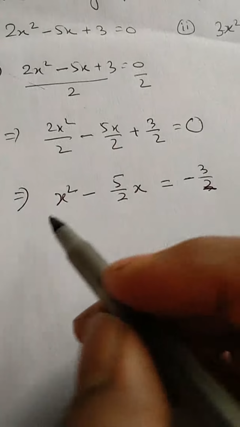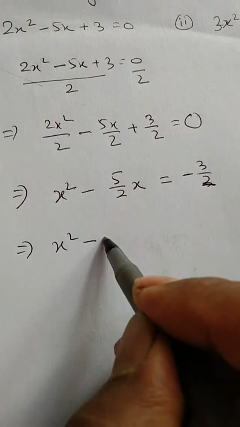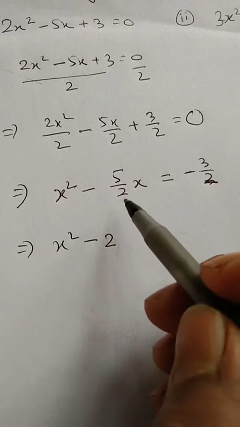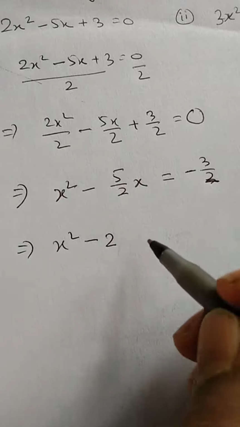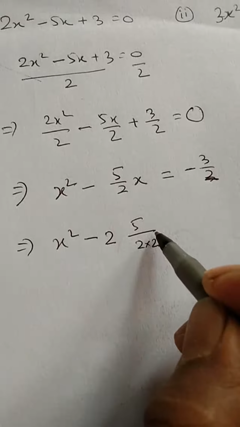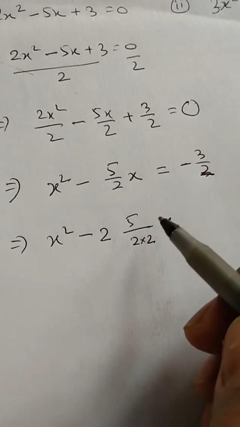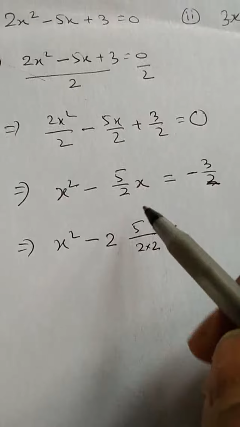So we need to get 1 2 here. For this, if we write x square minus, we need 1 2. So if we write 1 2 here, then this denominator must be 4. That means at the same time we will have to multiply 2 with the denominator also, so that it is equal, because if we cancel 2 and 2, it will be 5 by 2 only.